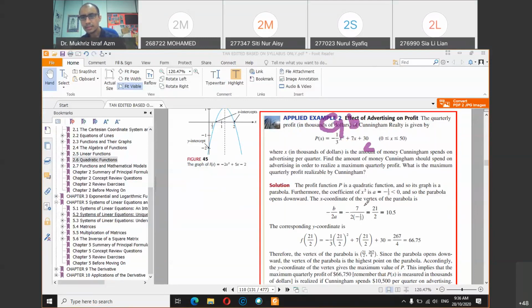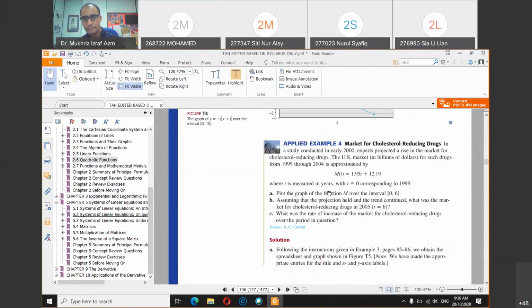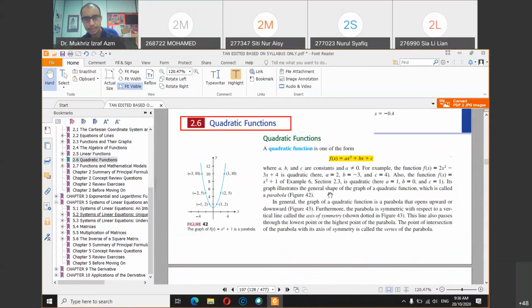So negative b is negative 7, which gives plus 7, and a is negative 1 over 3. So 2 multiplied by negative 1 over 3, when you solve for them, you get 10.5. So 10.5 is the value of x, the coordinate of x at this point here, the one that maximizes your profit.